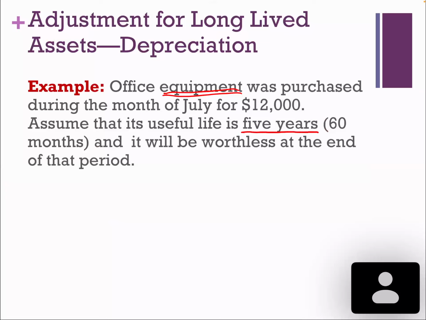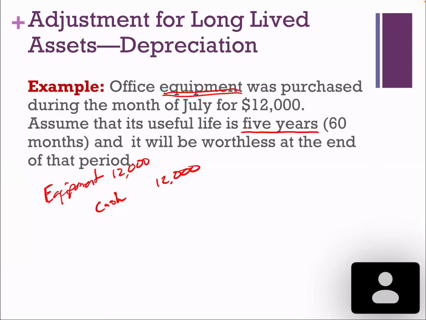Okay, so the original journal entry is we debit equipment, and then we credit. We could have bought it on account. It doesn't say, so we'll just say cash, $12,000. So we buy the equipment, we use up cash. These are both asset accounts, right?